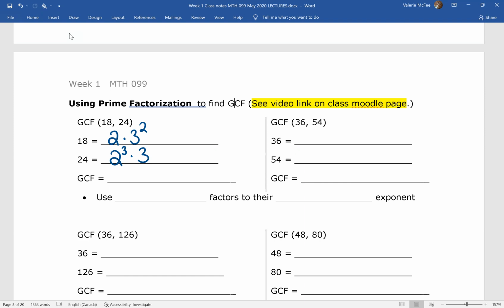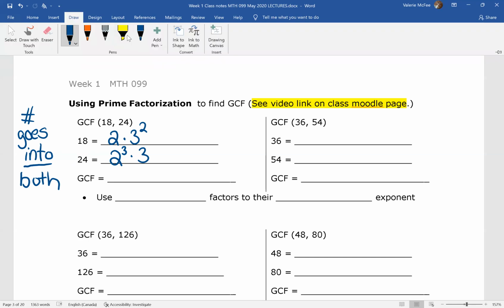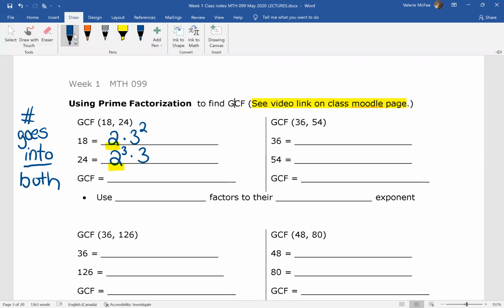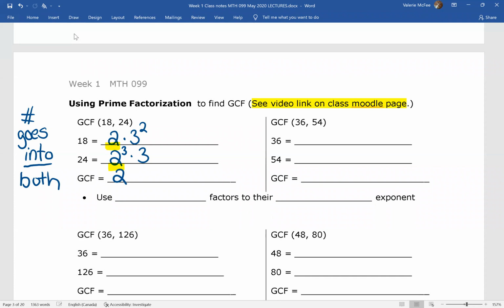So we're looking for the greatest common factor. That means we want a number that goes into both 18 and 24. Well, I can see that 18 has a 2 in it, and 24 also has a 2 in it. Now, 18 has 1 2, 24 has 3 2s.